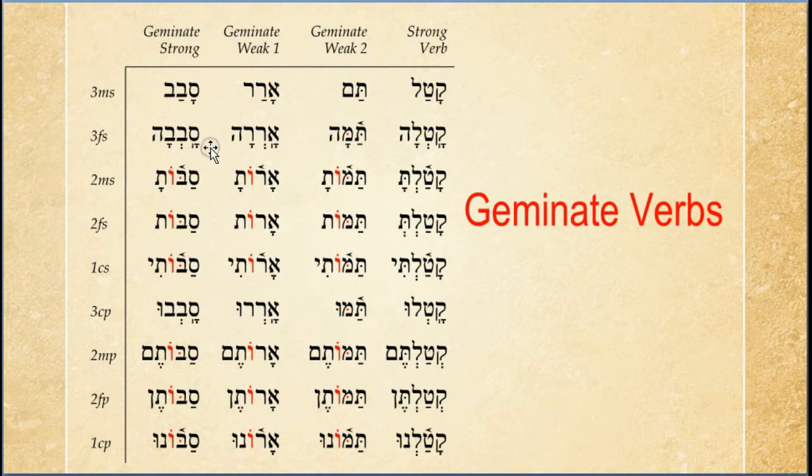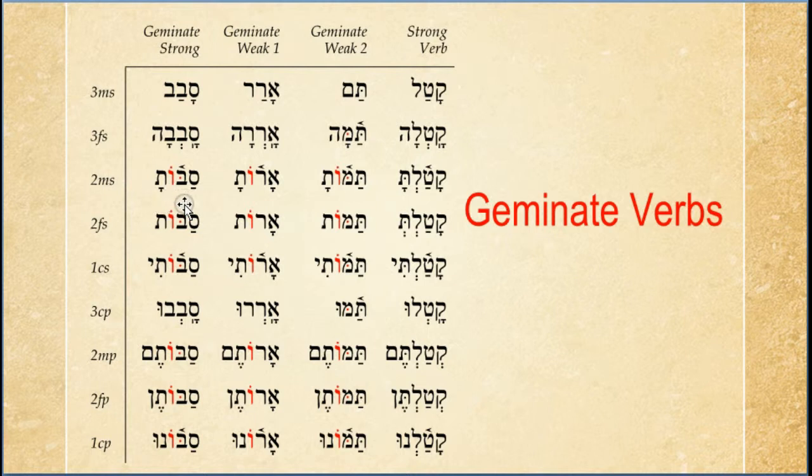So look, in the third person feminine singular, you have still savava. So you have savav. Savav follows the pattern of the kamatz patach in a strong perfect conjugation. So we have savav, savava, and then it dropped out.